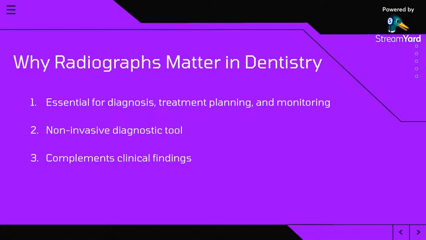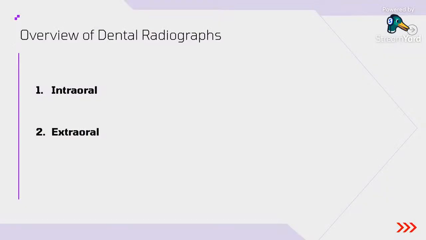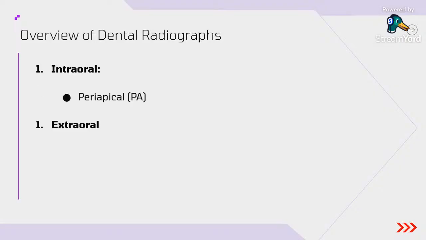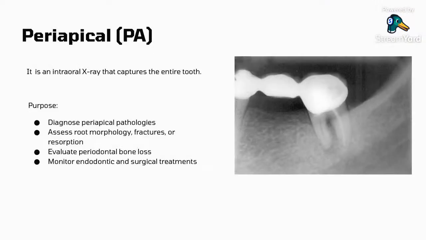Then we have the overview of dental radiographs. There are two types of dental radiographs, intraoral and extraoral. For the intraoral, the first one that we are going to talk about briefly is the periapical. Periapical is an intraoral X-ray that captures the entire tooth from the crown to the root apex, including the surrounding alveolar bone.